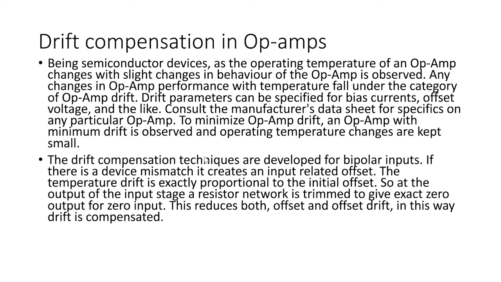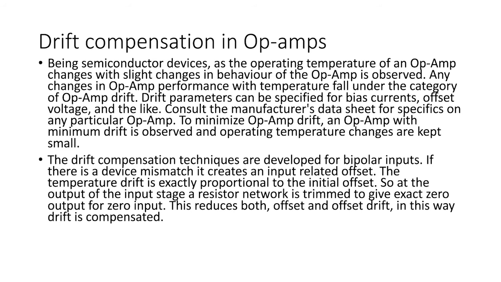The drift compensation techniques are developed for bipolar inputs, that is, where we have two polarity inputs. If a device mismatch creates an offset on the input, the temperature drift is exactly proportional to the initial offset.